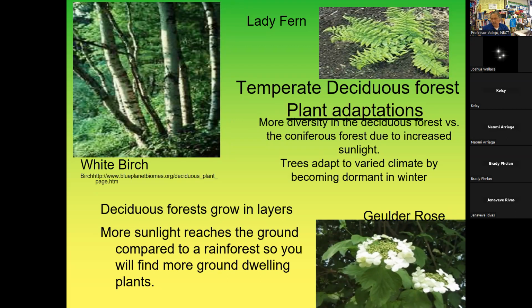They won't be going through photosynthesis and making a bunch of food. They'll go dormant. So deciduous forests grow in layers. More sunlight reaches the ground compared to a rainforest, so you find more ground-dwelling plants in the deciduous forest when compared to the tropical rainforest. Because it's surprising when you walk into a tropical forest how bare it is at the ground level.